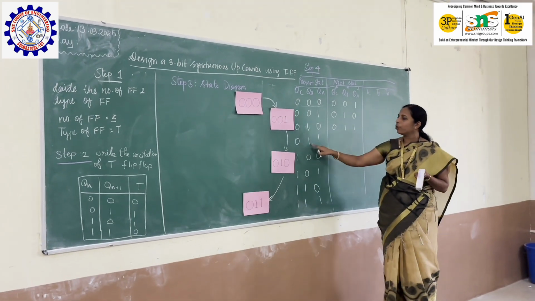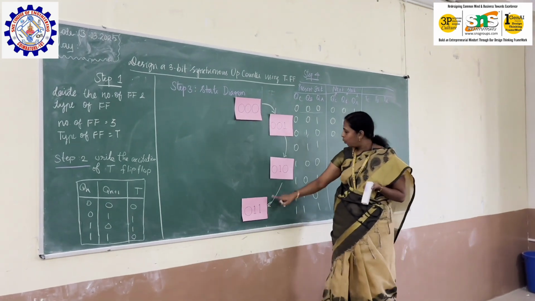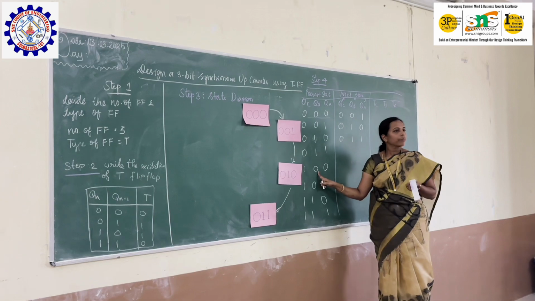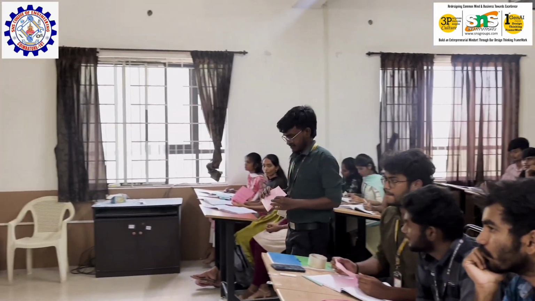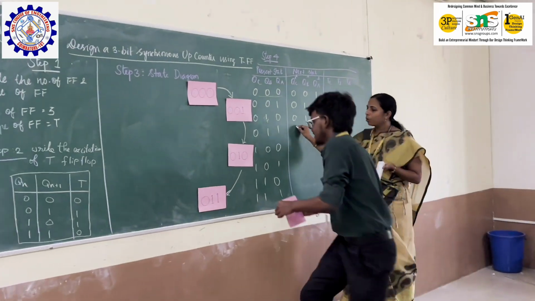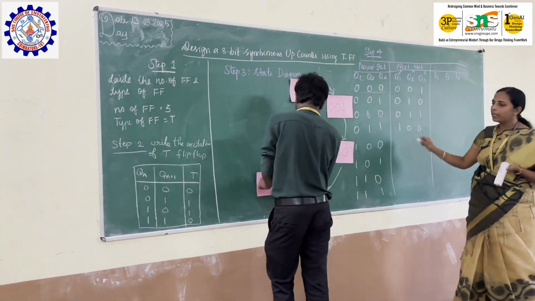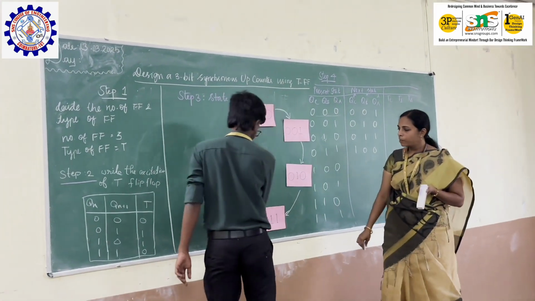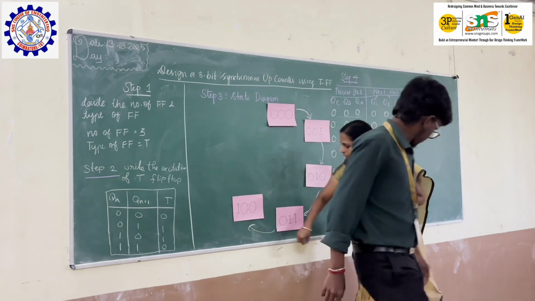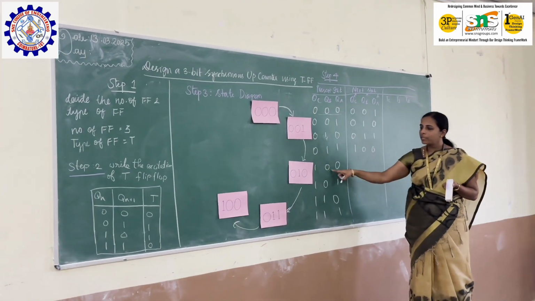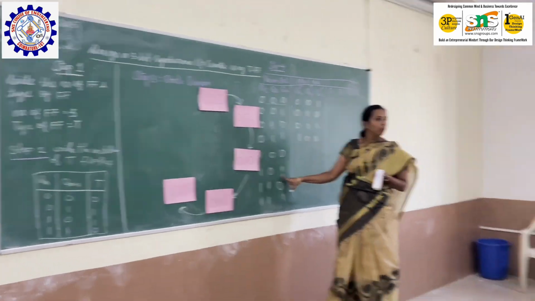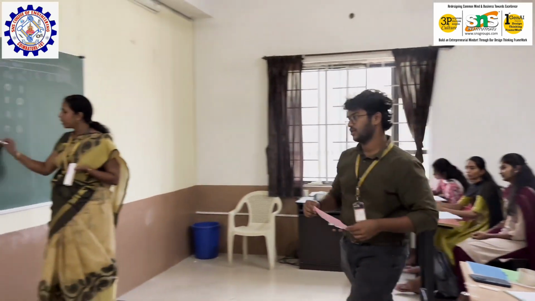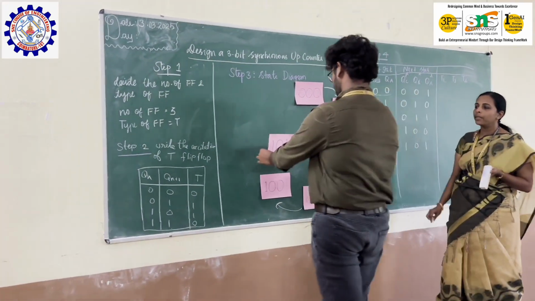Now if 011 is the present state, who will be the next state? 100 will be the next state. Then if 100 is the present state, 101 will be the next state.